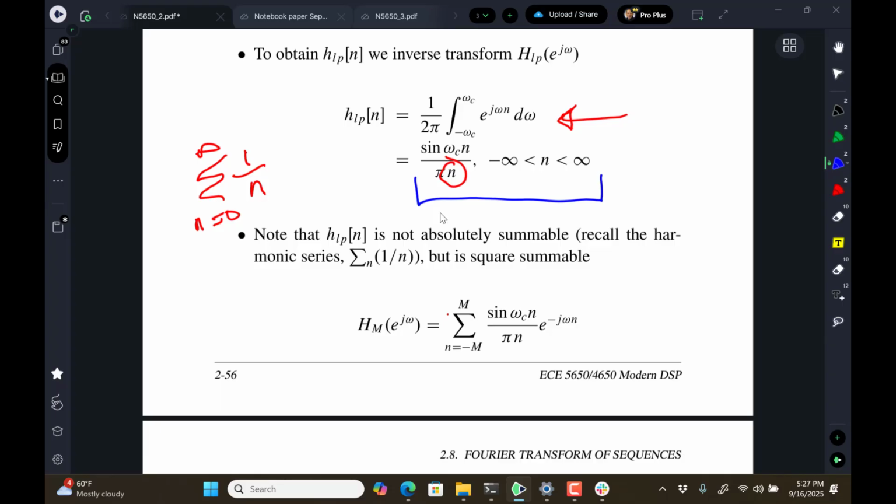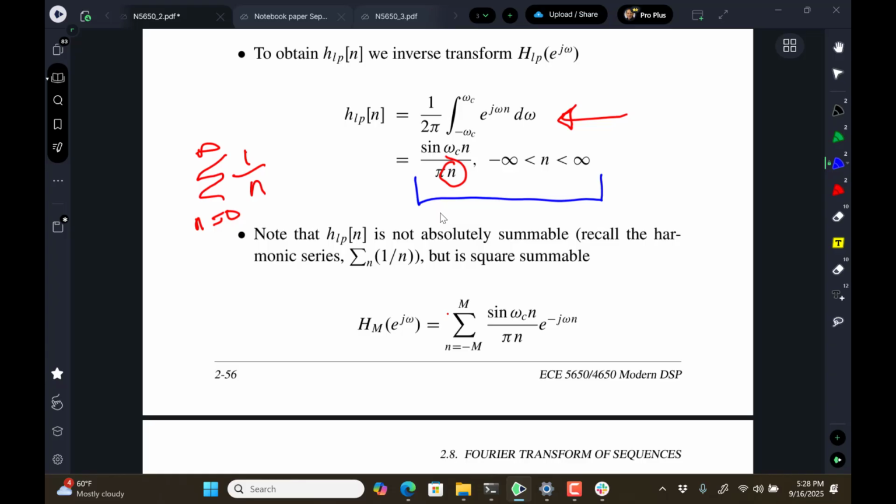You could build an ideal low-pass filter, and this says, all I have to do is implement this impulse response, and I can build an ideal low-pass filter. But there's a couple of problems with it. One problem should be obvious from the homework that you've turned in already. What's wrong with its impulse response from a causality standpoint? It's non-causal.